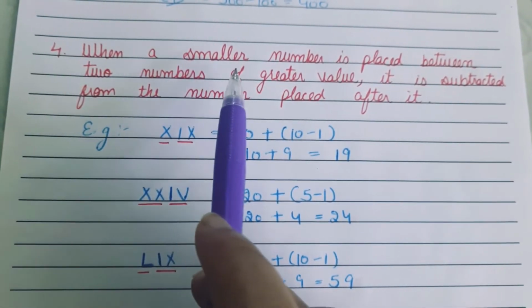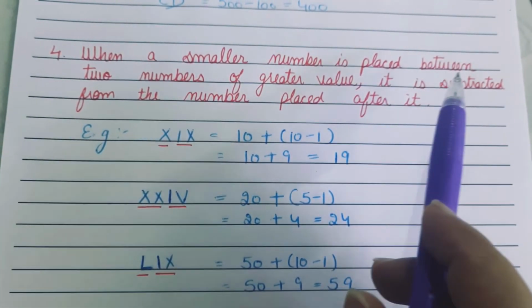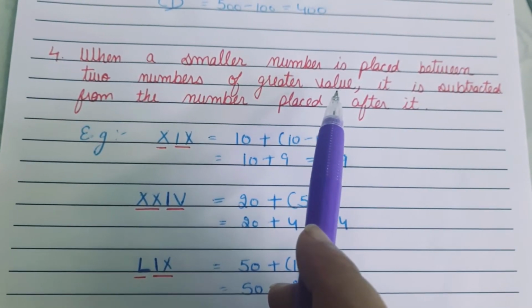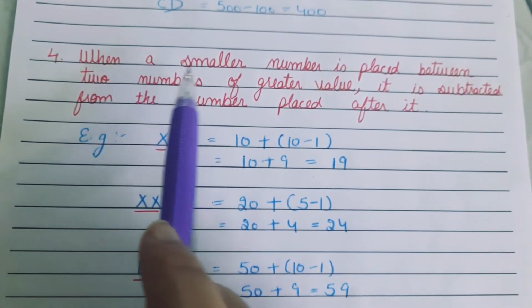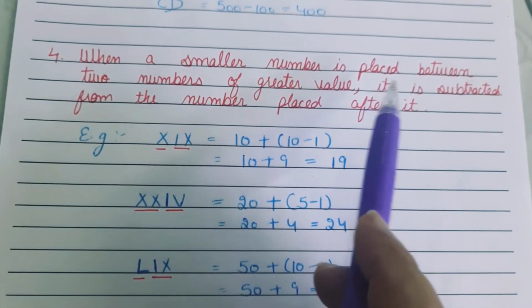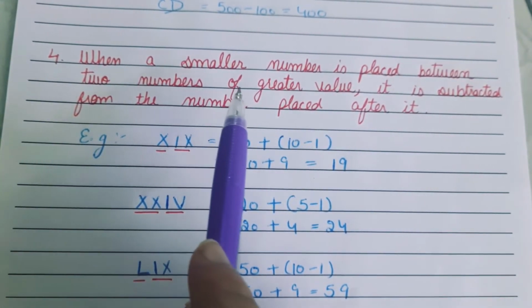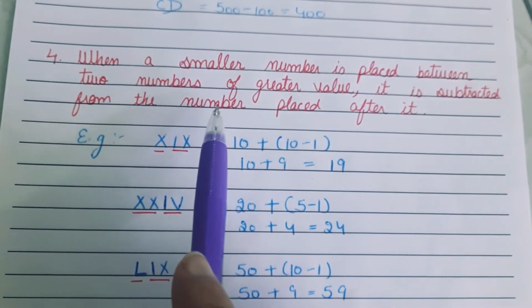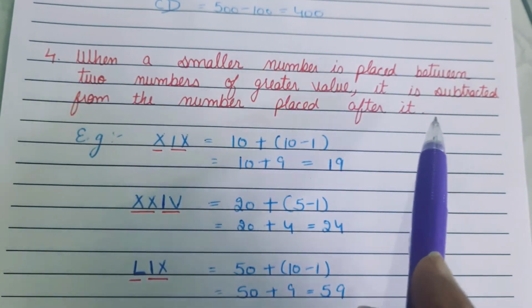When a smaller number is placed between two numbers of a greater value, it is subtracted from the number placed after it.